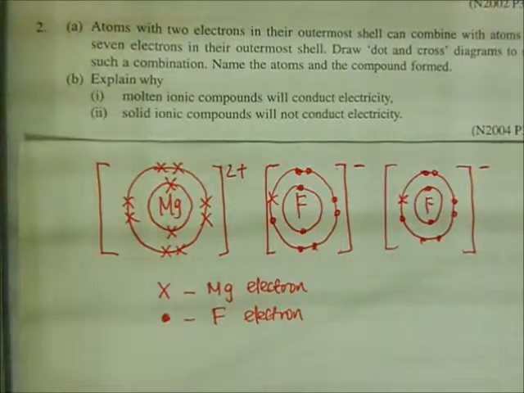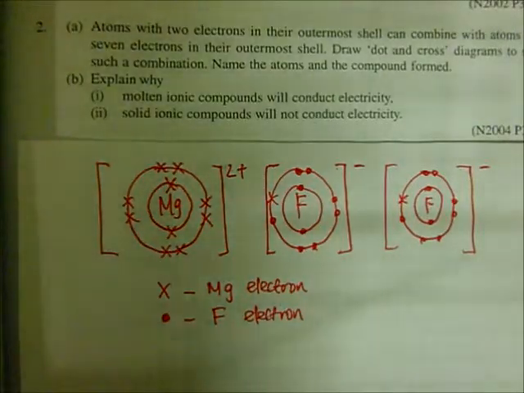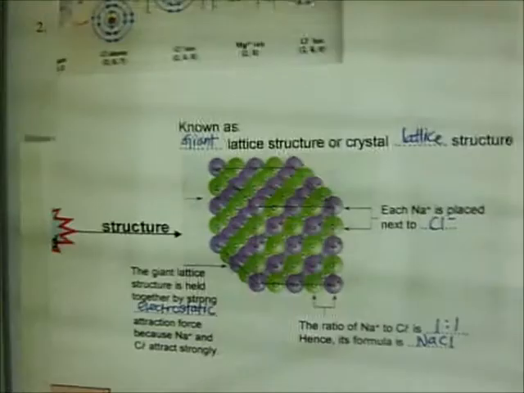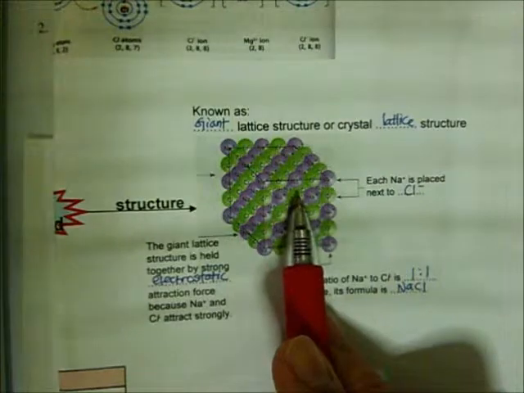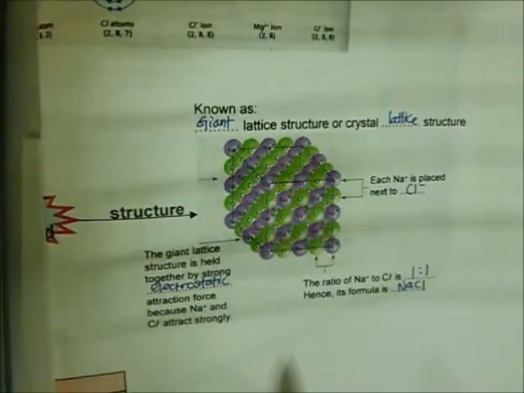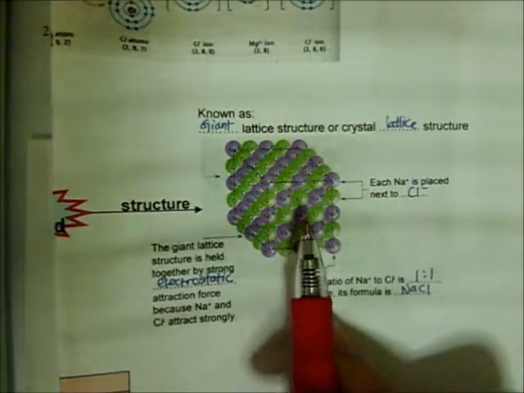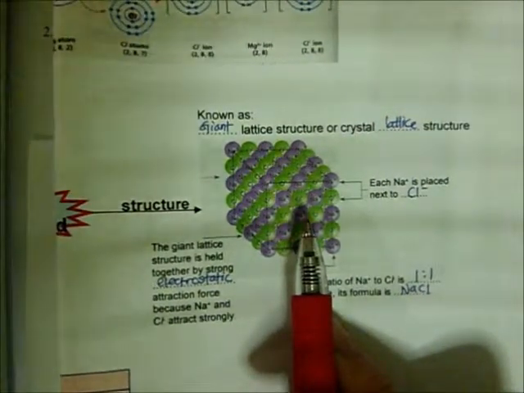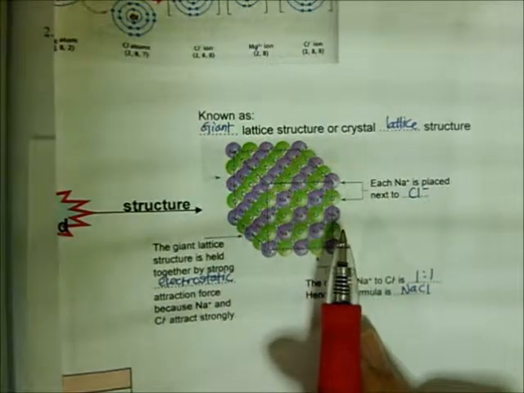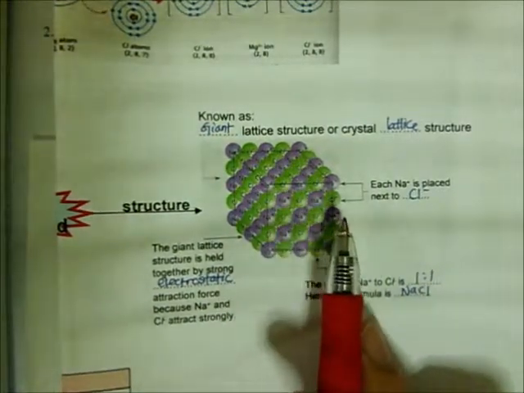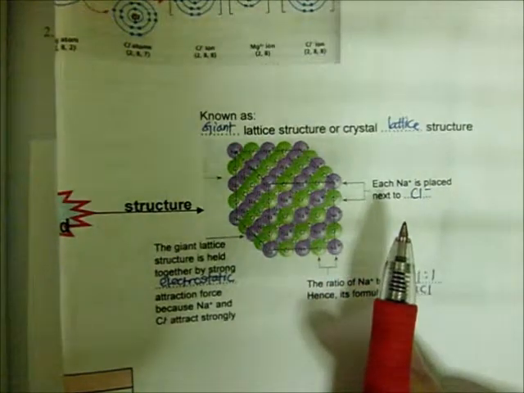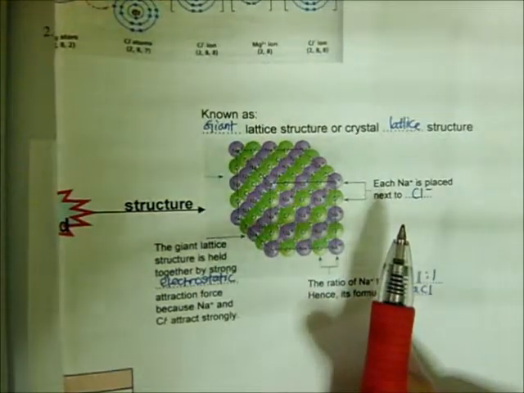Now, when the ionic compound is molten, what happens is, ionic compound consists of positive and negative ions held together by strong electrostatic forces of attraction. Now, when it becomes molten, molten means melted, all these positive and negative ions are free to move about. And when all the ions are free to move about, they can help to carry charges. And when they carry charges, that means they can conduct electricity.